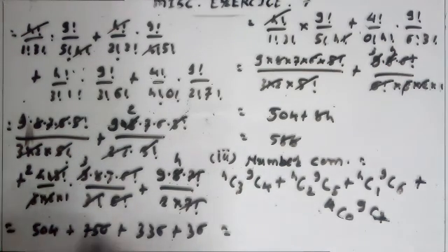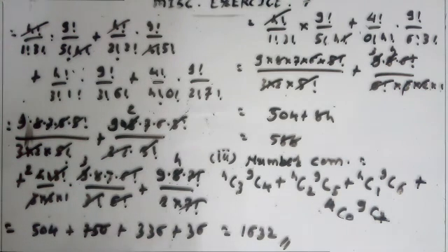So the total number becomes 1632. Using the calculator we get this number, okay.